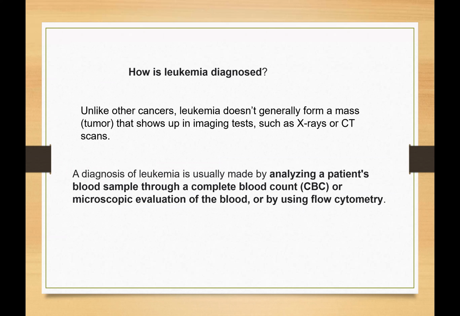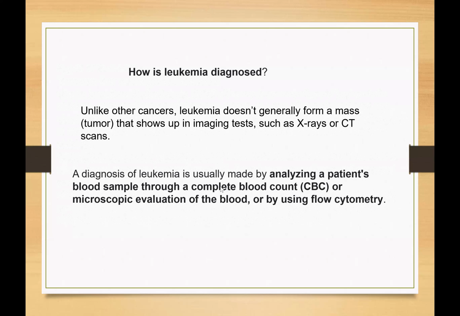Now, as we discussed, in the case of tumorous cancers, they can be diagnosed by way of X-rays and CT scans. Whereas leukemia cannot be diagnosed using these kinds of technologies. For leukemia, one has to go through the blood checks or a complete blood check.